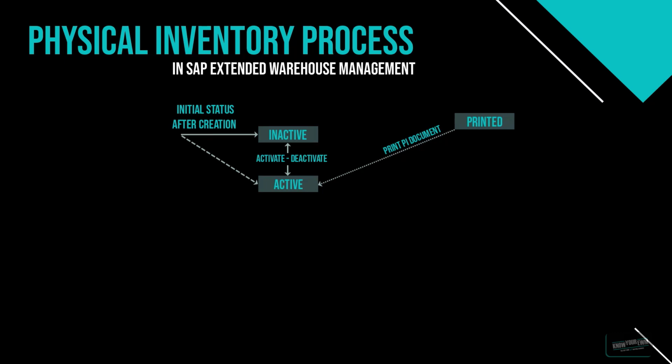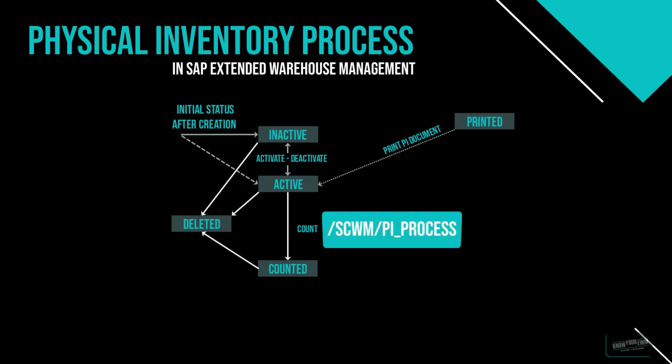After the inventory document was created, we have two possibilities. We can either delete the document, which is possible for inactive as well as active documents, or we can process the actual counting. With SAP EWM standard functionalities, you can count the physical inventory document with the following transaction, or most likely you're going to count it via the radio frequency framework.